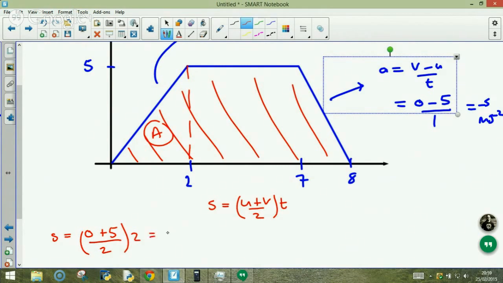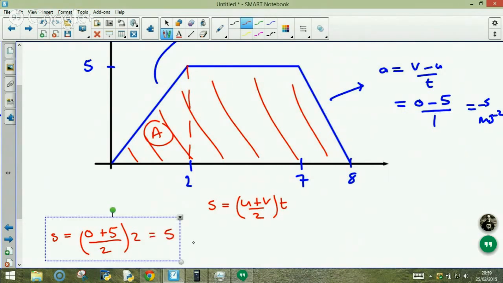So the distance covered for that one is 5. You'll also notice that the area of this triangle here is 5. Base is 2, height is 5, 2 times 5, and then halve it.